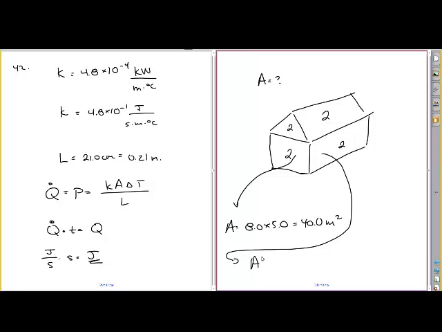So the area, let's call this 1, 2, 3, 4. So A1 is this, A2 is 10 times 5, and we get 50.0 meters squared.